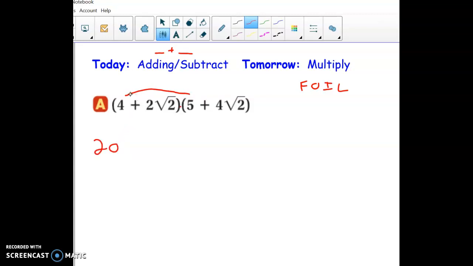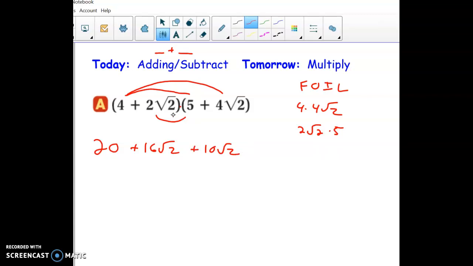So 4 times 5, and then 4 times 4 radical 2 becomes 16 radical 2. 2 radical 2 times 5 will be 10 radical 2. And then the back two are the goofiest, but I got to do 2 radical 2 times 4 radical 2.